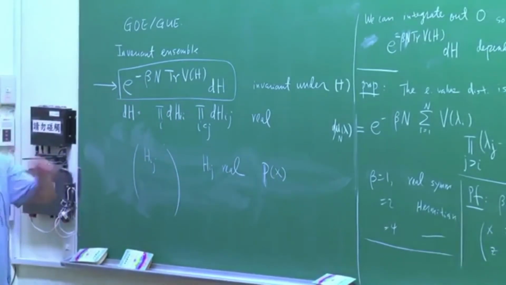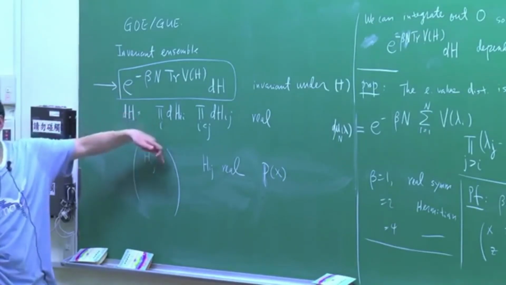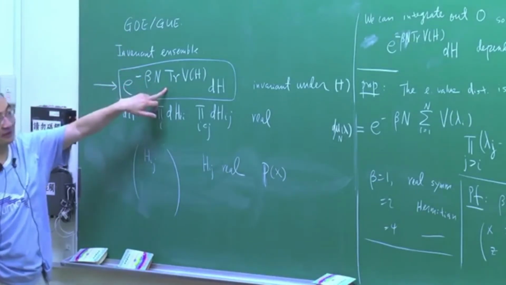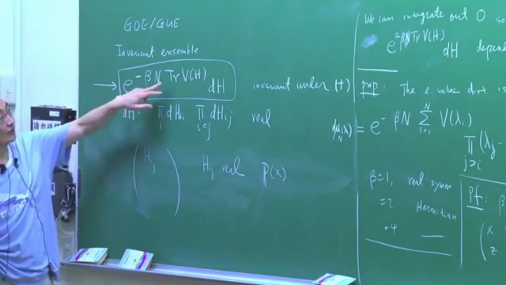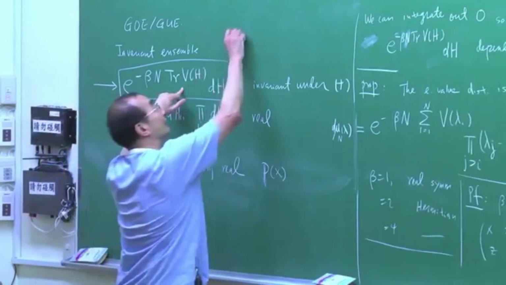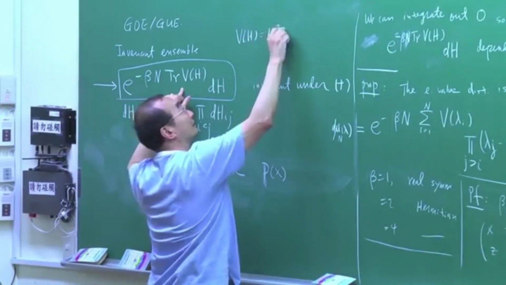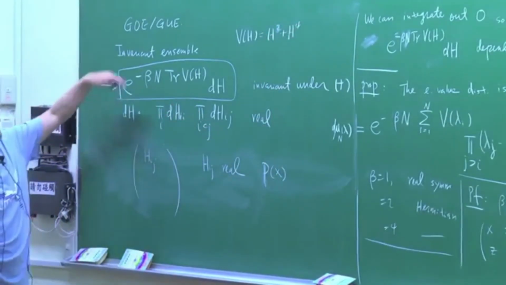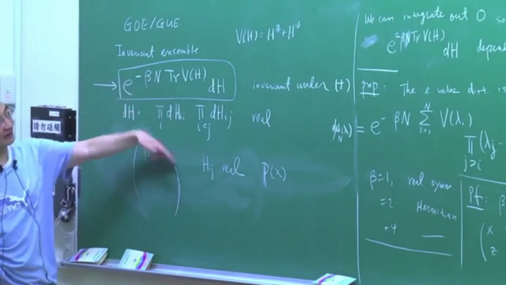Now here, each matrix element is independent. On the other hand, if you write it like this, each matrix element is not necessarily independent, because you write this as the trace of V of H. For example, you can think about V of H as H squared plus H to the 4. So this one and this one are not in the same class.